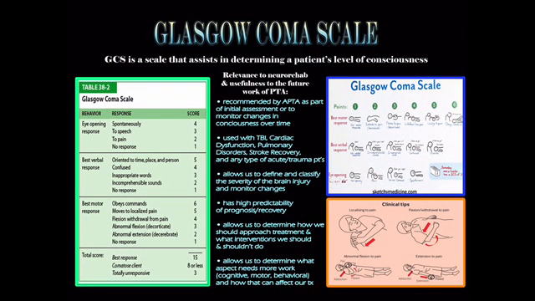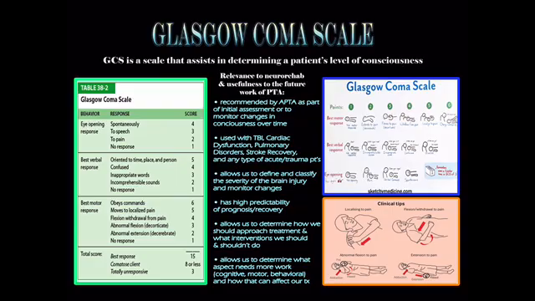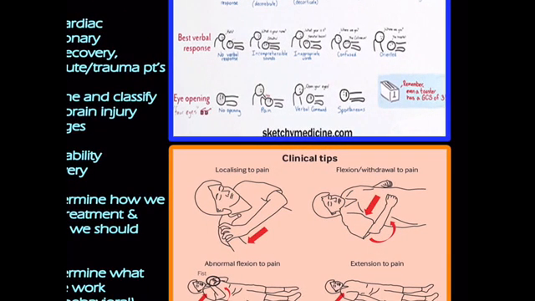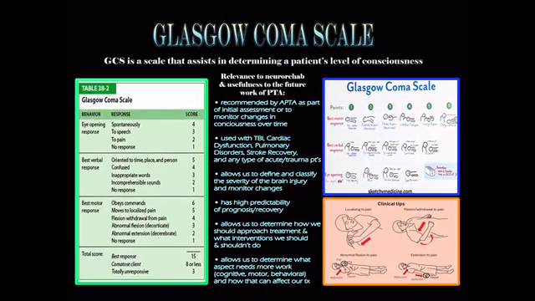For 3, it would be an abnormal flexion or decorticate reaction, where the arm adducts, the elbow flexes across the chest, and the wrist is flexed. A 4 would be a flexion withdrawal from pain, a normal flexion reaction like this, where the arm would abduct and or they would just withdraw from the pain.